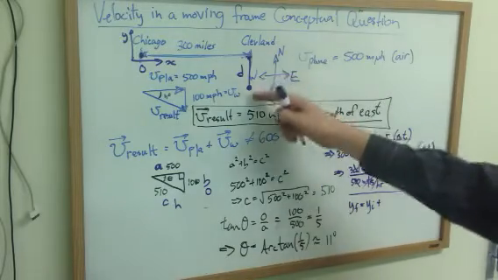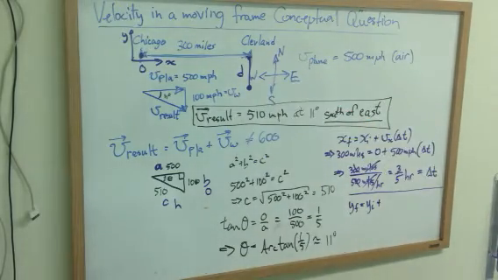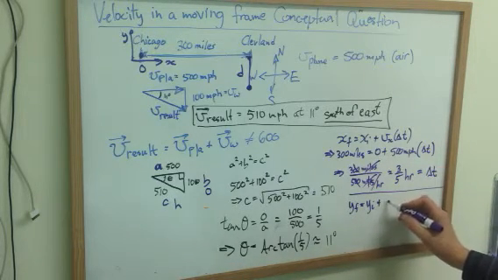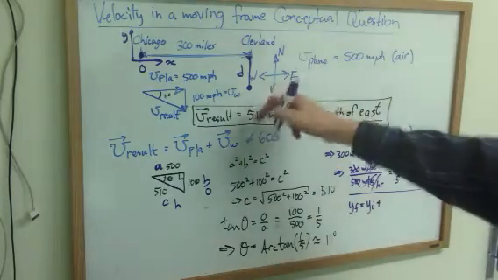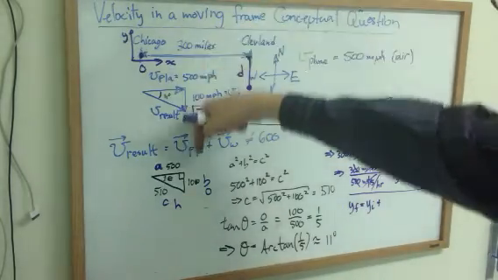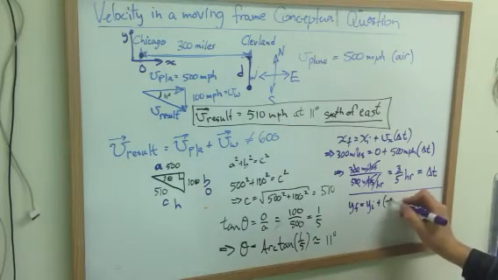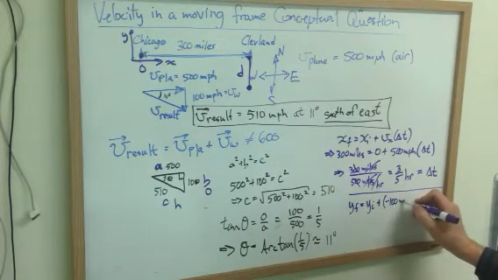And y final, I can also just call this distance d, but I'll leave it at y final. The velocity is 100 miles per hour downwards. I'm going to call that, in this coordinate system, negative 100 miles per hour.